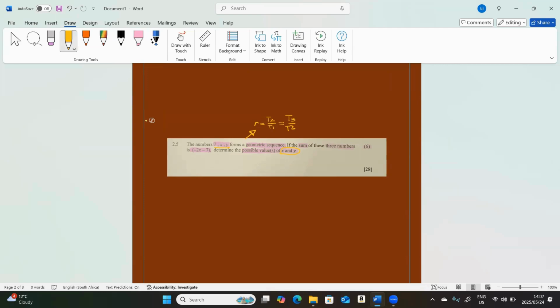So let's go and do that. r is term 2 divided by term 1, guys. When we look over here at 7, x and y, term 2 is x and term 1 is 7. So we have to say x is term 2 divided by term 1, which is 7.